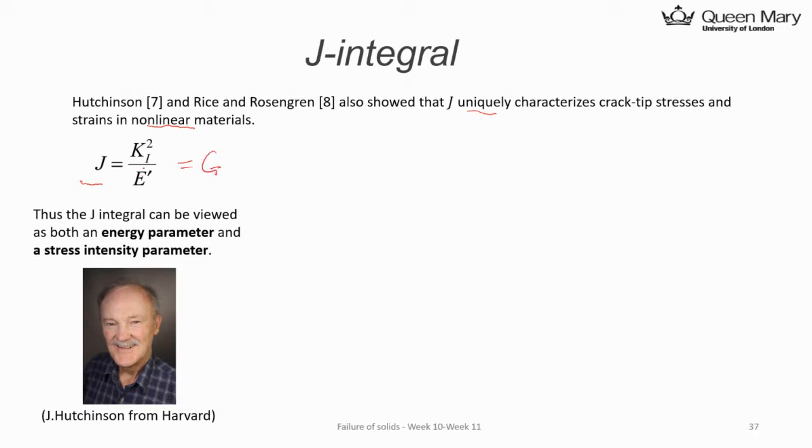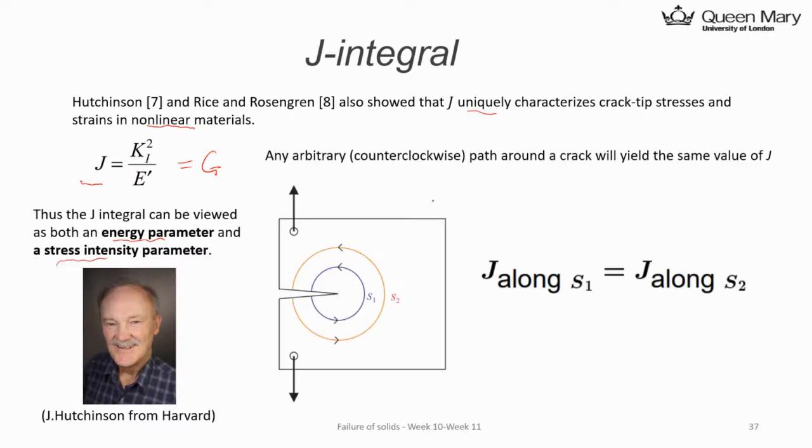You can think of it as an energy parameter, but also a stress intensity parameter because of this equation. But more importantly, they derived what is called the path independent rule for the J integral.